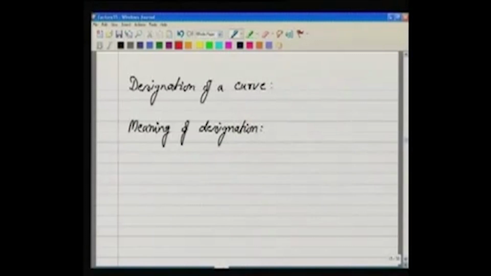Okay, now some more definitions, and this is regarding the designation of a curve. First of all, we'll see what is the meaning of designation. Whenever we are talking about a curve, we need to say something about the curve. We can say about its size, about its curvature. So how can we do it? Well, the very first possibility is, for a simple circular curve, we can say its radius.